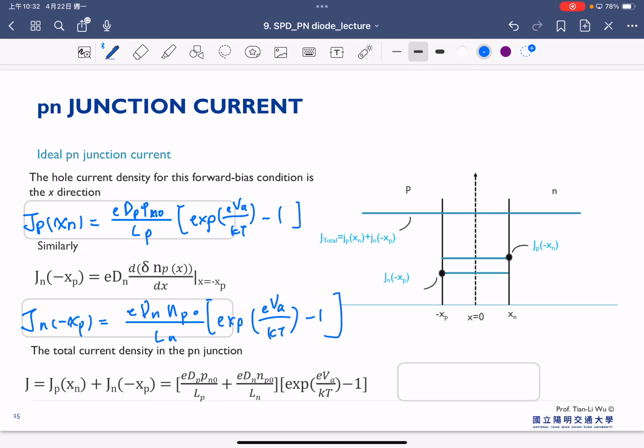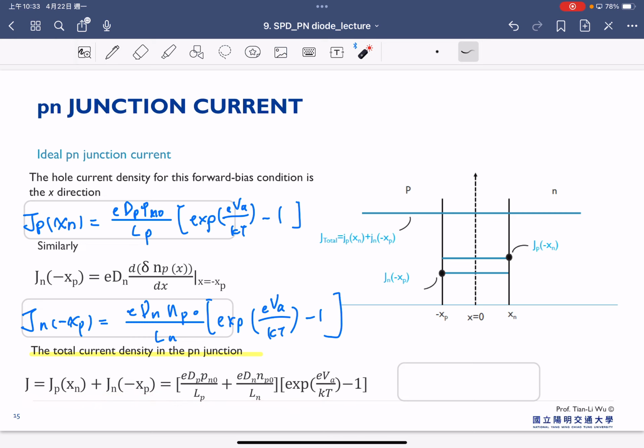And the total current density, as we have already shown, is these two added together. So now the total current becomes like this one.